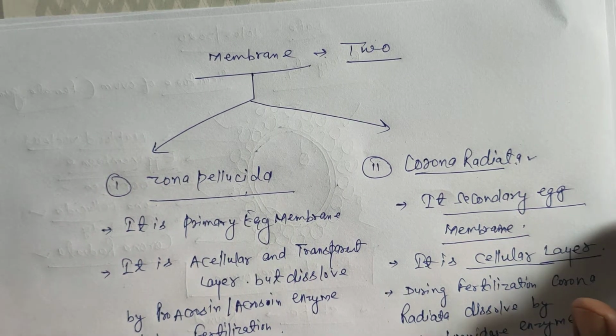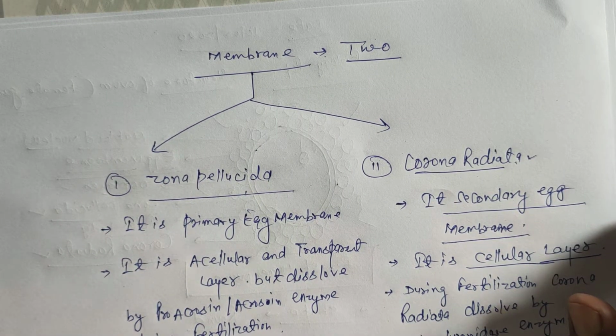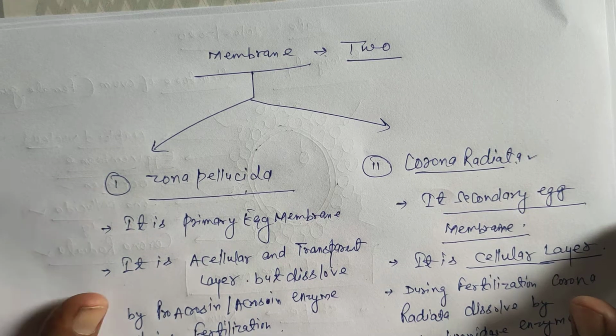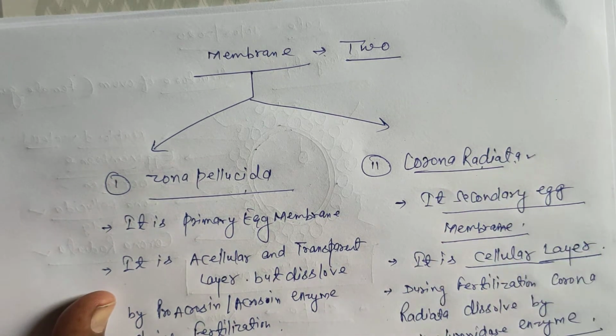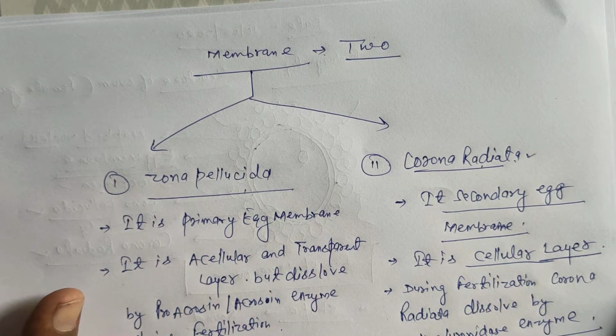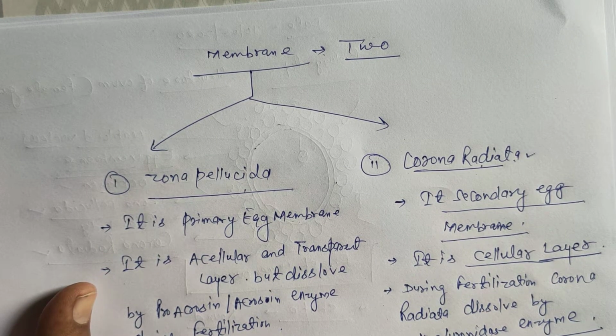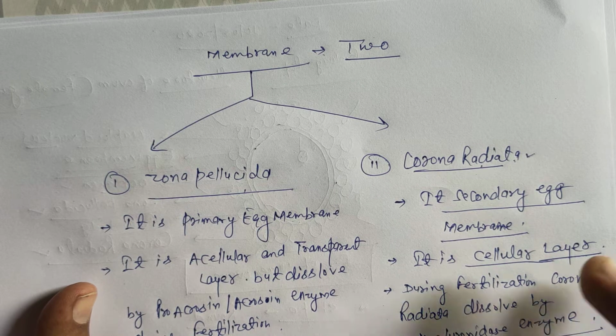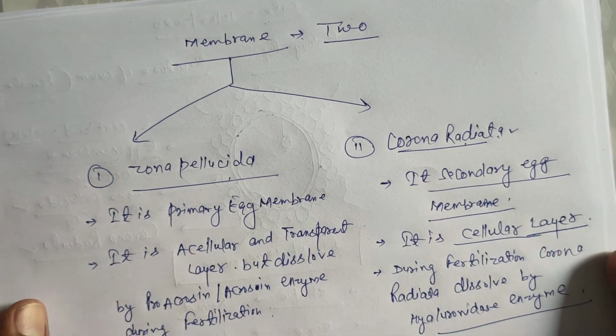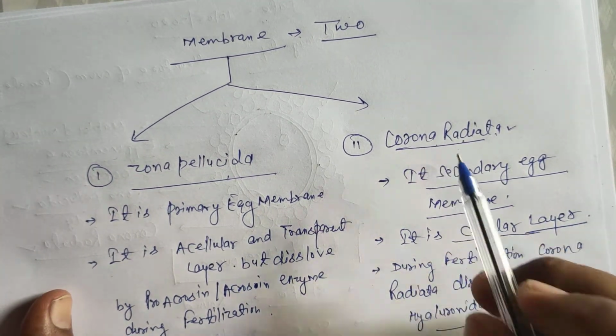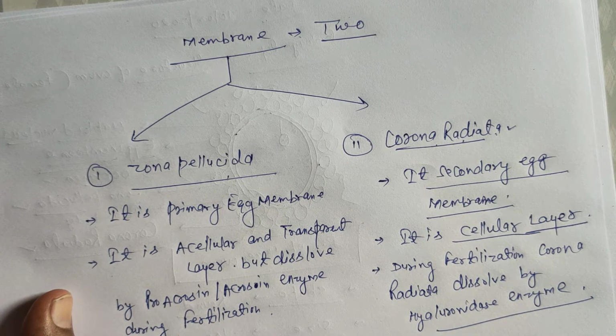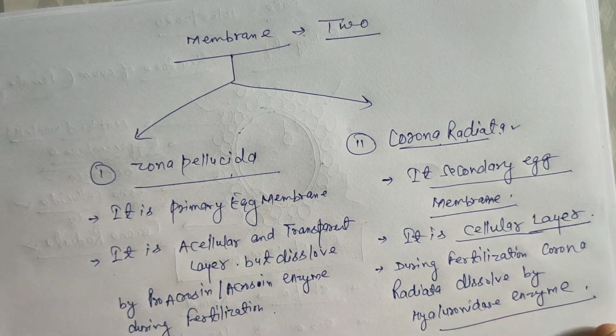Zona pellucida is located outside egg membrane. Corona radiata is located outside zona pellucida. Once again, location of zona pellucida is outside egg membrane. Corona radiata is located outside zona pellucida.